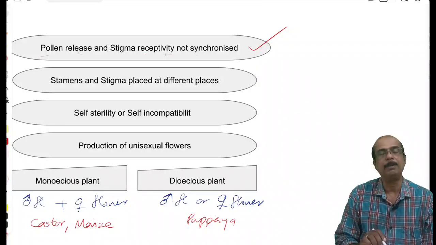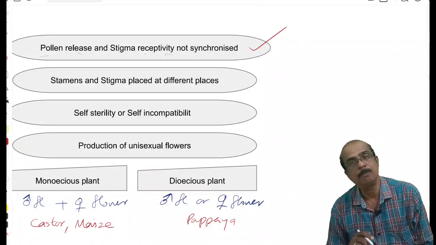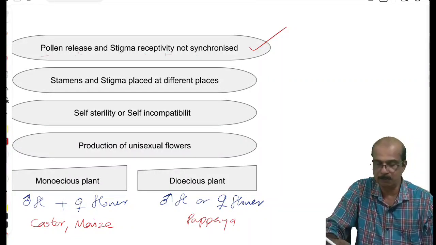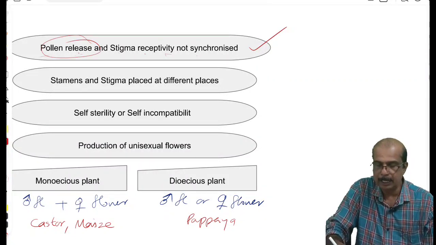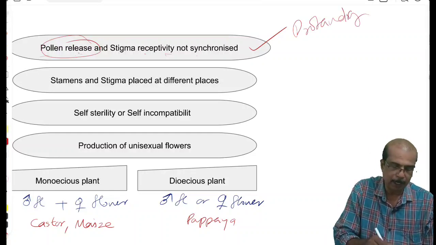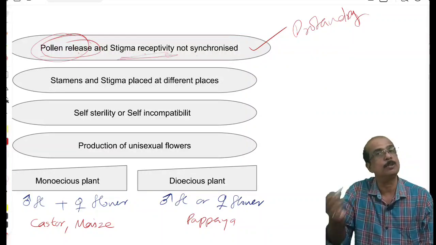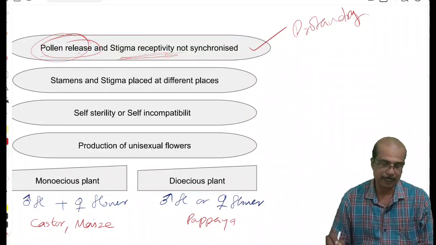If both are at the same time, there may be self-pollination. Sometimes the pollen maturity takes place first. We call it protandry. The pollen matures first, the stigma will not mature. Then there is no possibility for self-pollination.